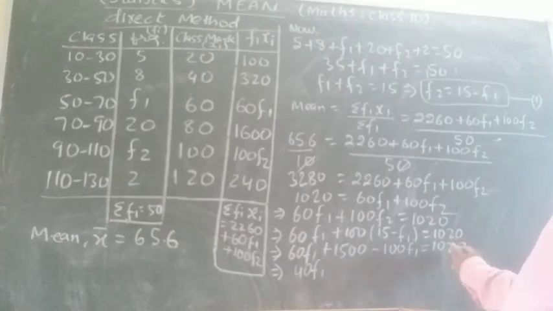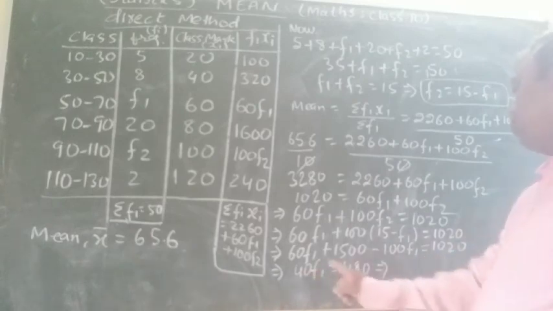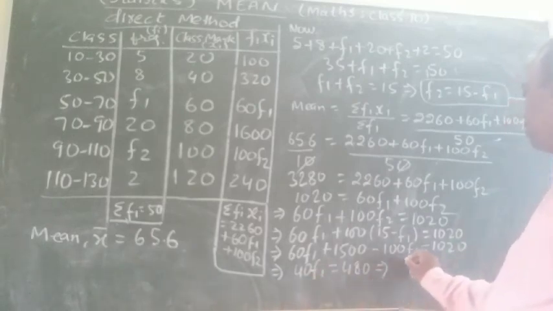And this number I will send to this side: 1500 minus 1020 becomes 480. What is the value of F1? 4 1s are 4, 4 2s are 8. So F1 equals 12.